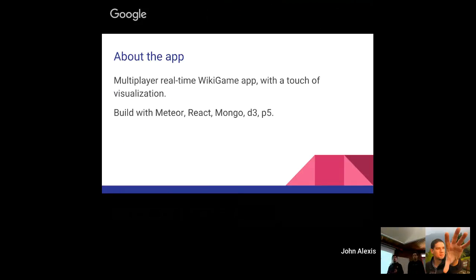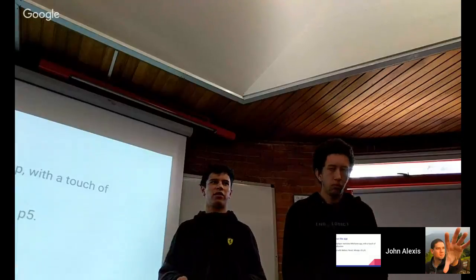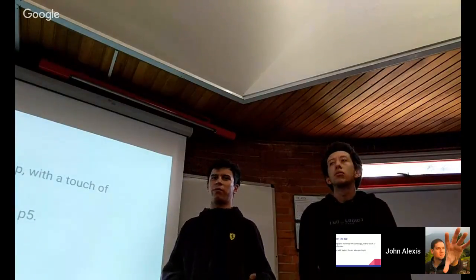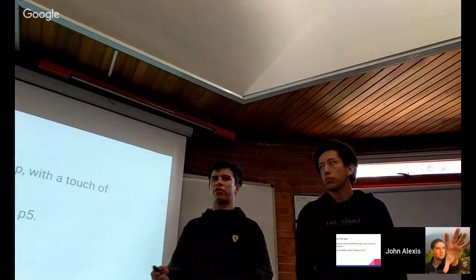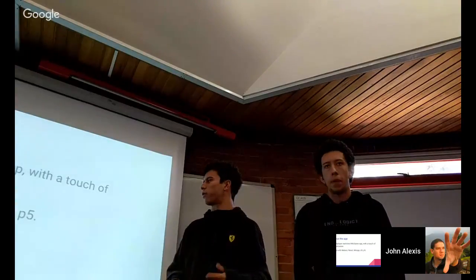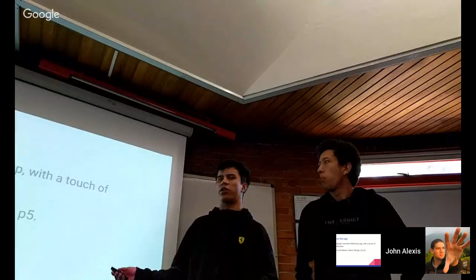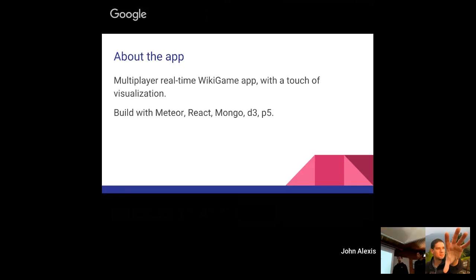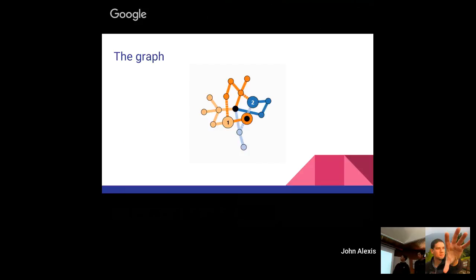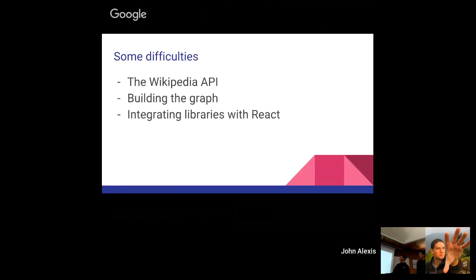If one considers the articles as nodes and the links as edges, then we have a very dense graph, and we can get from any article to any article. We built it with Meteor, React, Mongo, D3, and D5 for animation. And this is a graph.